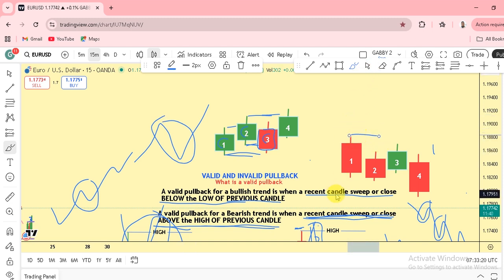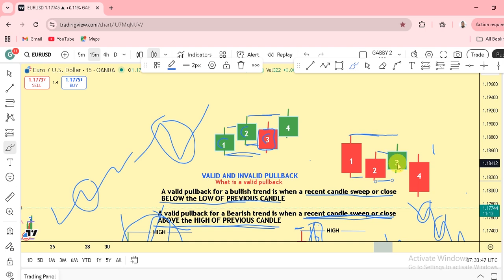Candle two becomes our recent candle when it's printed, and candle one becomes our previous candle. Did candle two close above this high? No, candle two did not close above. Instead, candle two went below. So we can say we don't have a pullback yet. Our attention is now on candle two, to see if any other candle closes above the high.